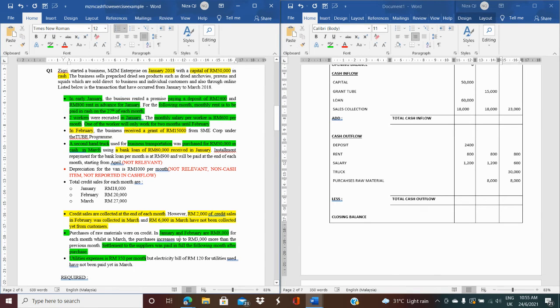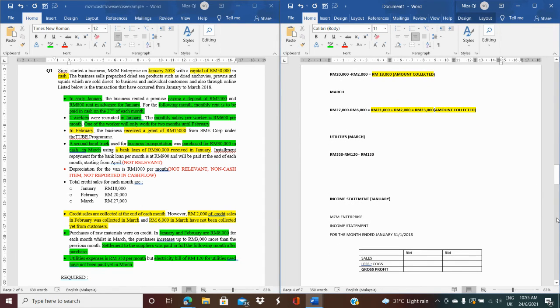But then another condition appears here. Electricity bill of 120 has been used but has not been paid yet in March. So it means from the $350 per month paid, 120 will not be paid in March. It will be paid later. So the amount in March for the payment of utilities expenses will be less. You have to calculate how much will be paid in March.